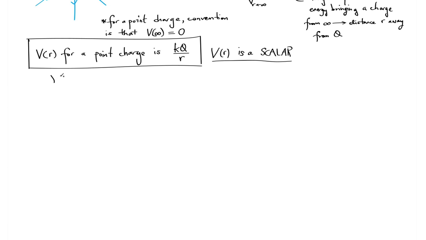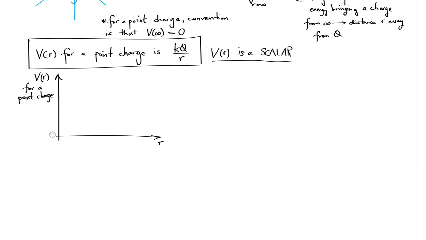So I'm going to plot V of R. So this is for a point charge, versus R, where R is the radial distance away, okay?